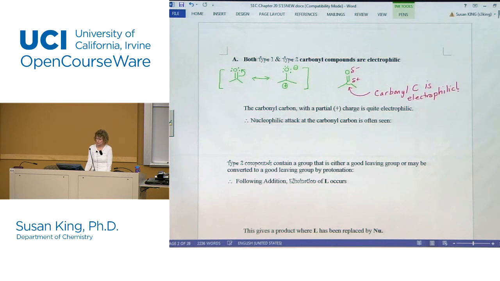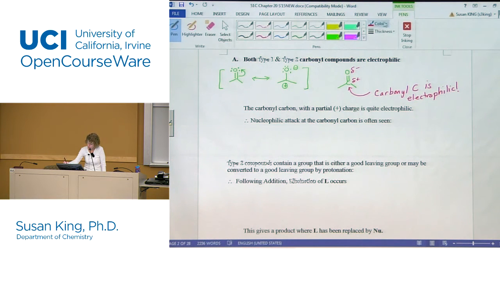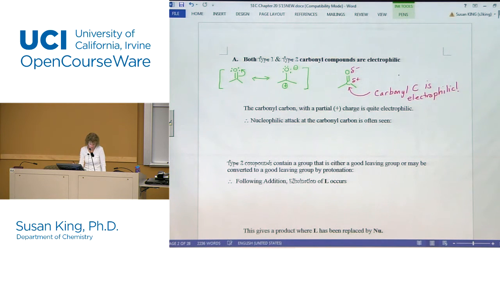So it's quite electrophilic. It's more electrophilic because not only do we have resonance contributors, we also have the difference in electronegativity. And those things add together to make that bond more polar than a typical carbon-oxygen bond. And so since it's electrophilic, the type of reactivity that we're going to see for these guys is nucleophiles attacking the carbonyl carbon.